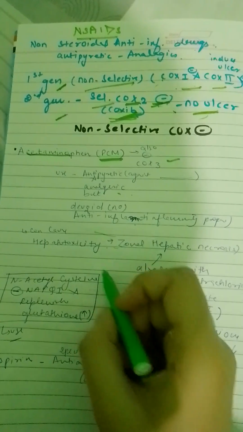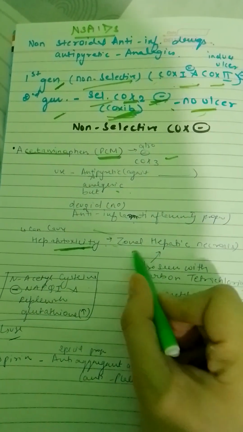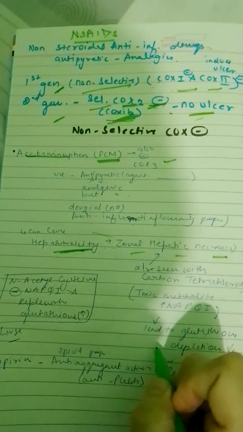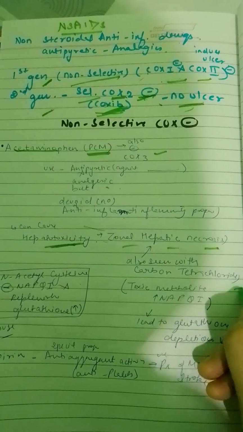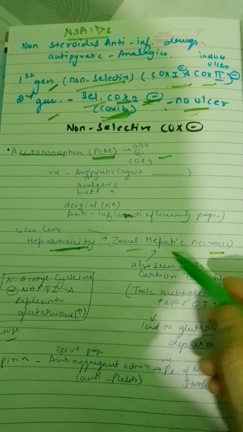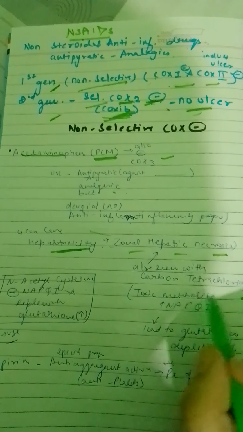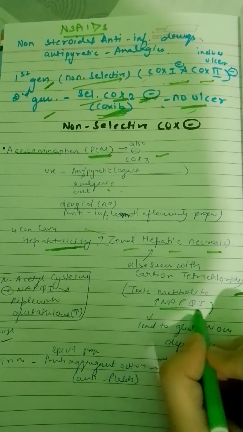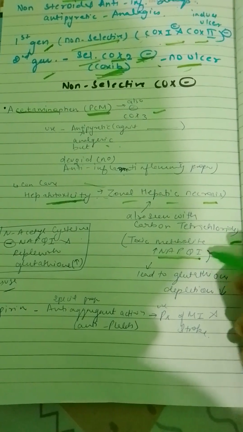Also, one thing is that it can cause hepatotoxicity, specifically zonal hepatic necrosis, which is also seen with carbon tetrachloride. Why is it causing hepatotoxicity? Because of a toxic metabolite known as NAPQI.